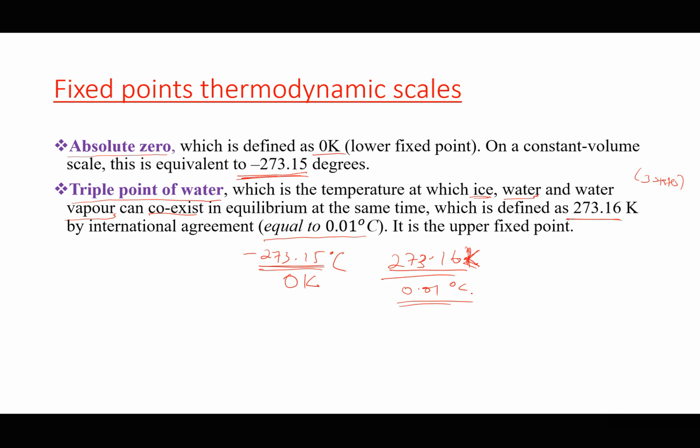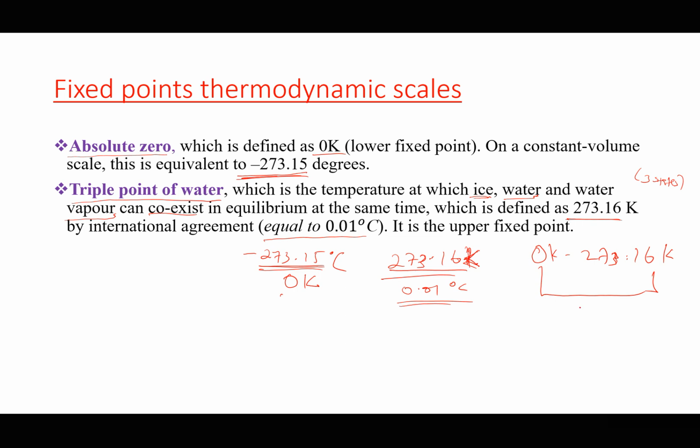Now, Kelvin, to be specific, chose the gap between 0 Kelvin and 273.16 Kelvin, the triple point of water, to be equivalent to the gap between the divisions of the centigrade scale. The gap between the absolute zero and the triple point is divided into 273.16 equal divisions.